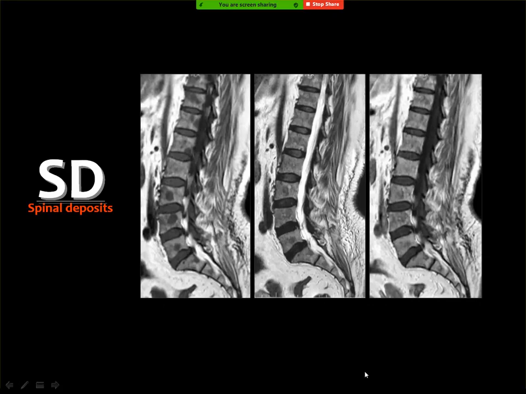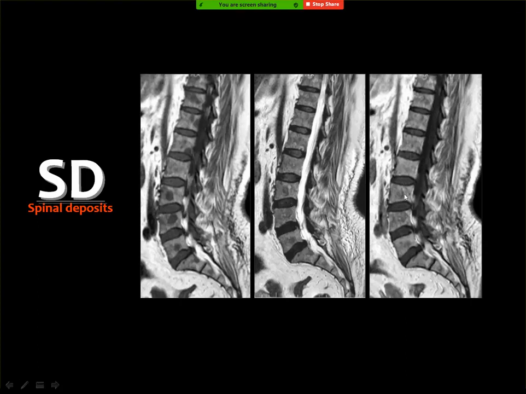And you remember that you do not need to inject contrast material for the diagnosis of metastasis, because metastatic deposits are of low signal in the T1, they are better appreciated. If you go to the T2, you may miss a lot of metastatic lesions because of the increased signal of the deposit and the decreased signal of the bone marrow.